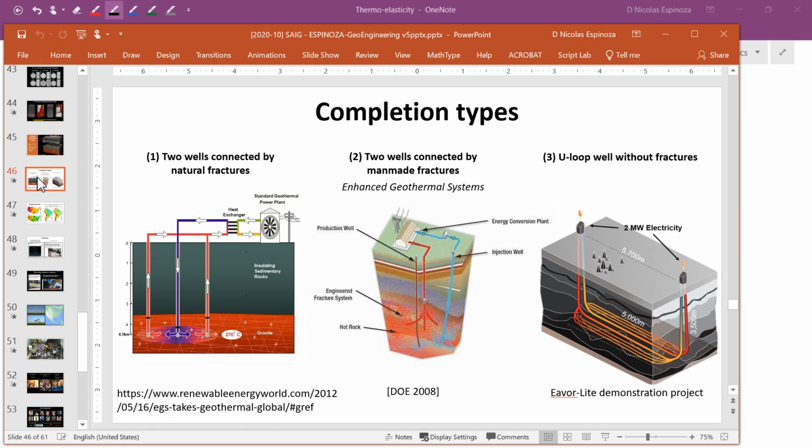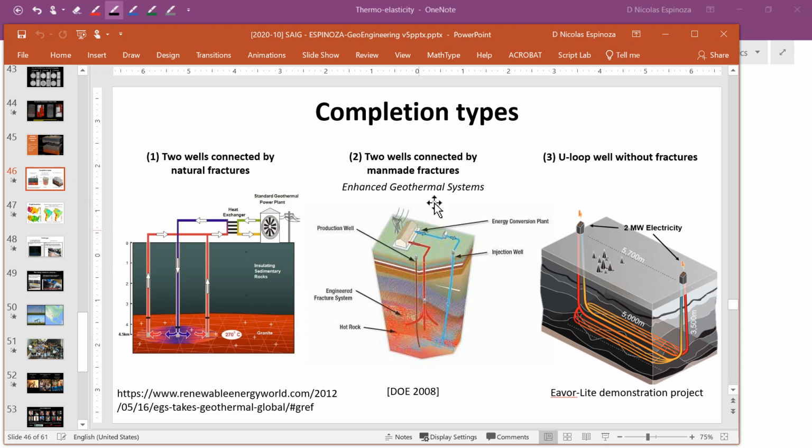And there are basically three challenges in deep geothermal energy, and also three completion types. One in which you inject a fluid through a mostly igneous rock, taking advantage of natural fractures. Another one in which you can facilitate the connection between wellbores through the creation of a hydraulic fracture.